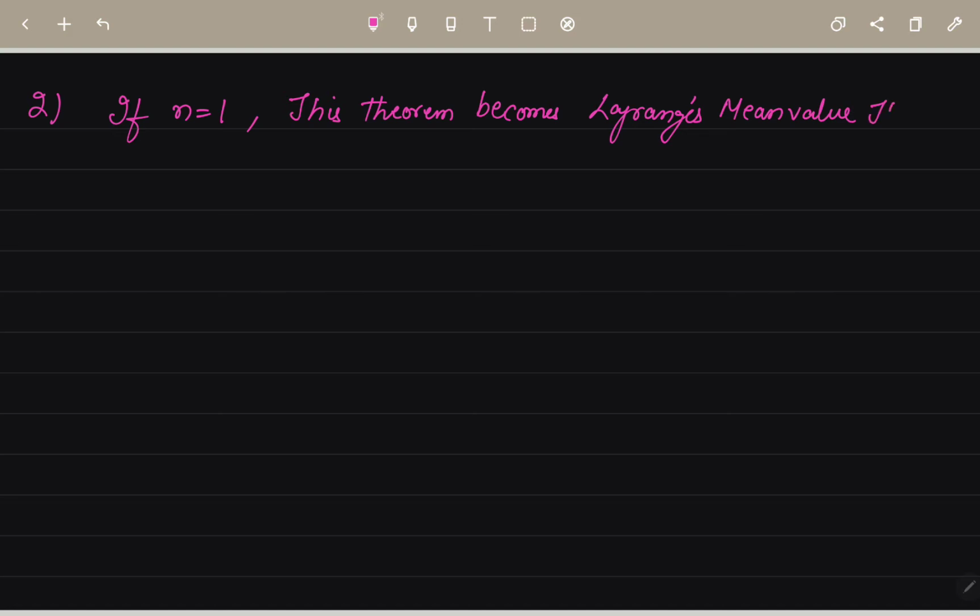Also, third point, this theorem is also called the higher mean value theorem. Okay, so these are some notes.